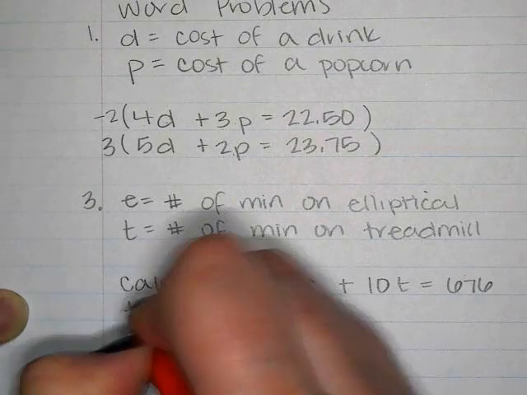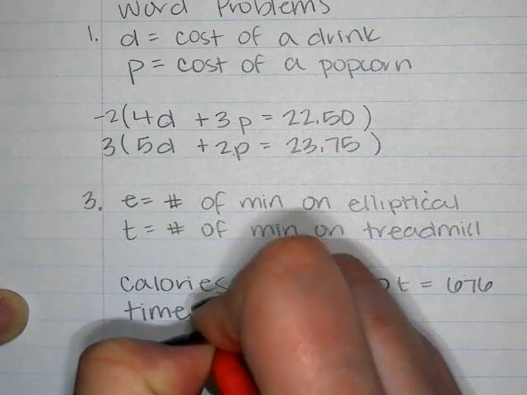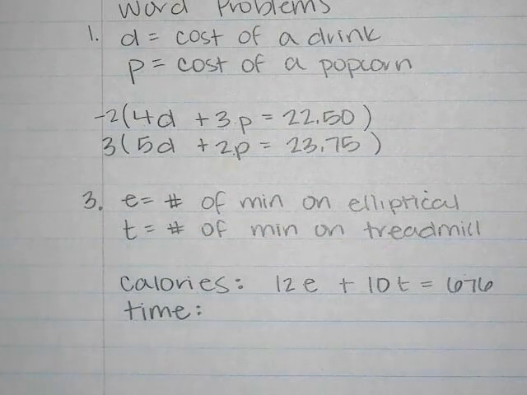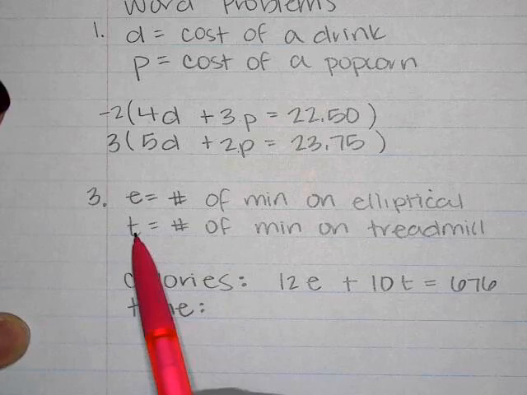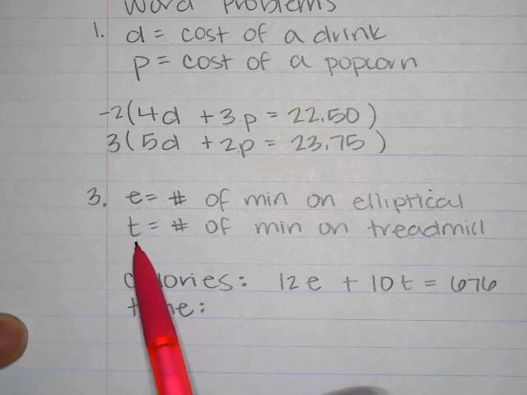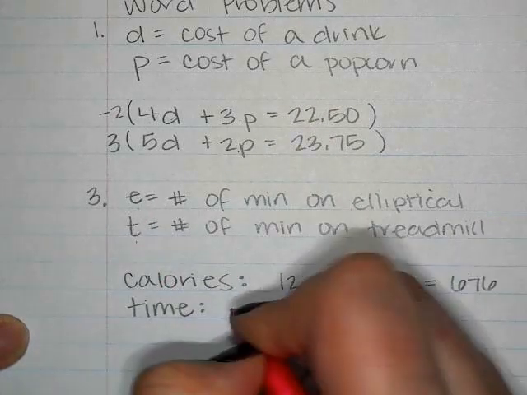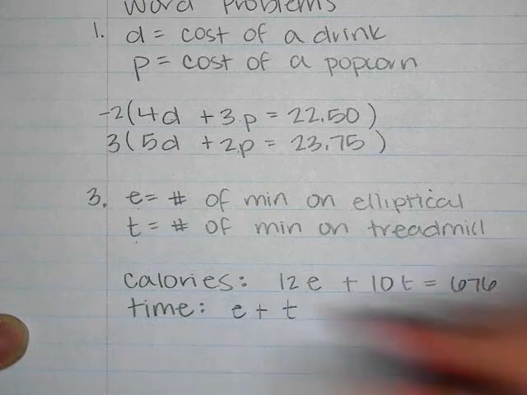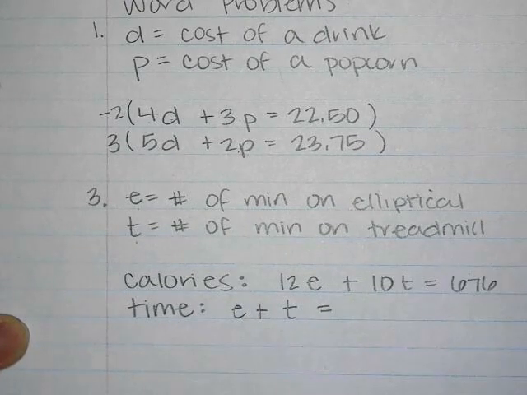And then the second set of information is time. So now I want to talk about time on the elliptical, time on the treadmill, and then time total. The time on the elliptical and the time on the treadmill are literally just us writing down the variables. So time on the elliptical plus time on the treadmill equals the total time, which is how much? 60 minutes, because they said 1 hour.